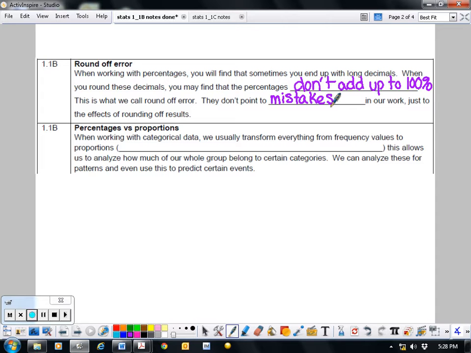Now, we discussed earlier how relative frequency tables can have percentages, which we're used to working with. That's just naturally how we think, versus proportions. Proportions are the decimal version of a percent. So 55% as a proportion is 0.55.